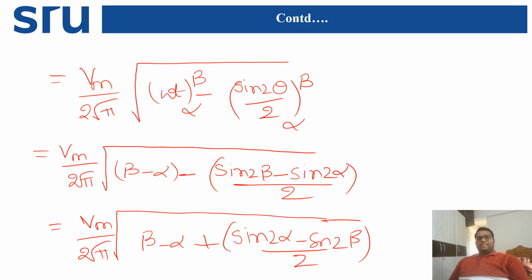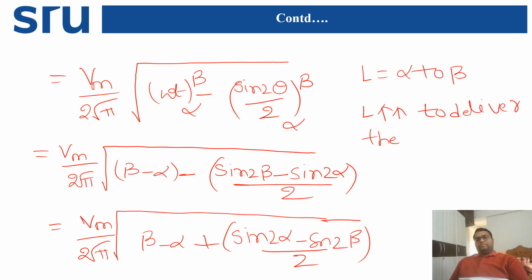Then suppose, as I said, the thyristor inductor current is coming from alpha to beta. Suppose the selected inductor value is very high, to deliver the inductor current from alpha to pi plus alpha.